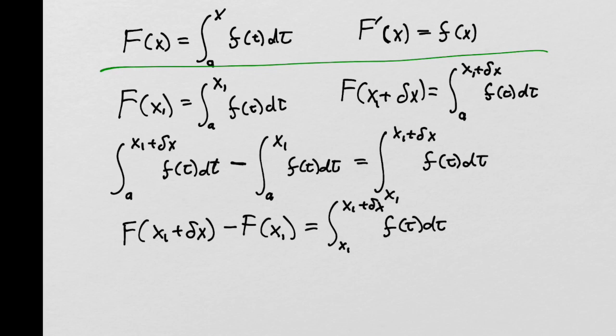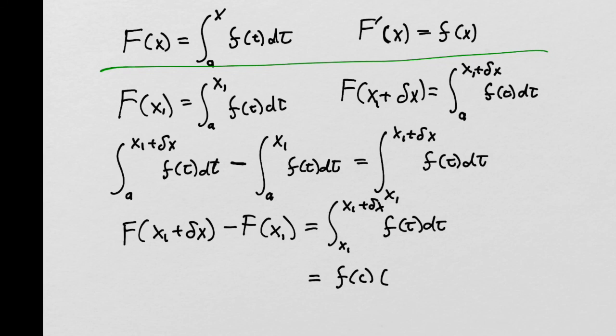Now, the mean value theorem tells us that this right-hand side, that there's some value out there, we'll call it c, is f of c times the difference between the upper and the lower bounds of integration, right? This is the mean value theorem for integrals.